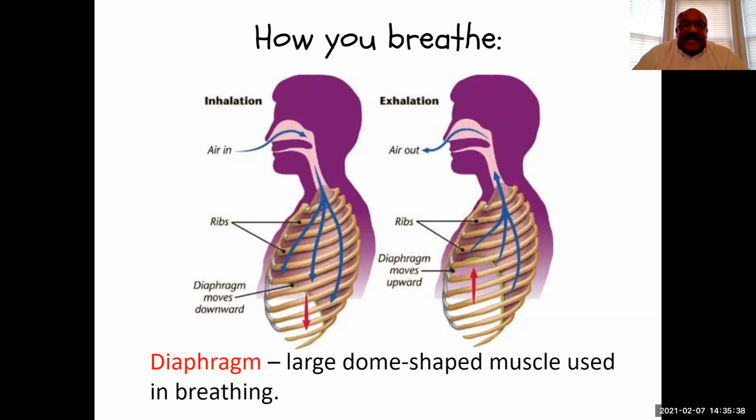So that's kind of the mechanics of breathing. It's about air pressure, and we may talk a little bit more about that. That's why certain things can happen if the little bit of air pressure that exists in the space between the ribs and your lungs gets changed.